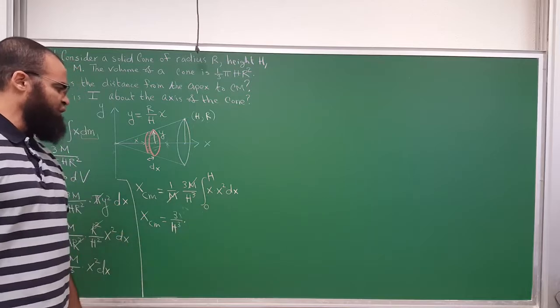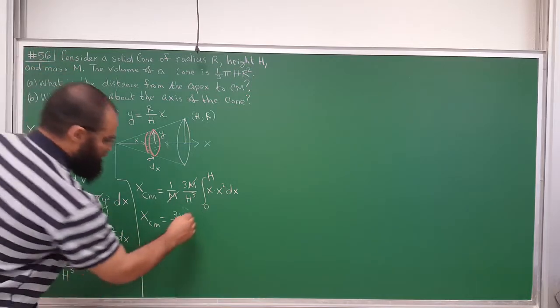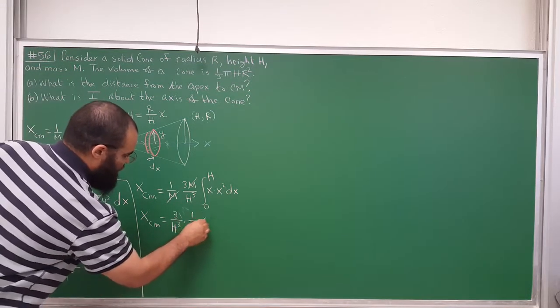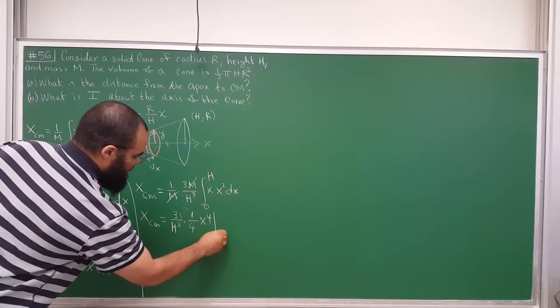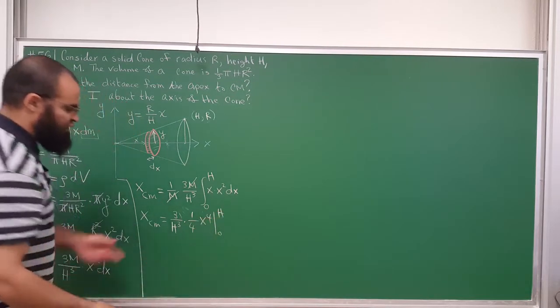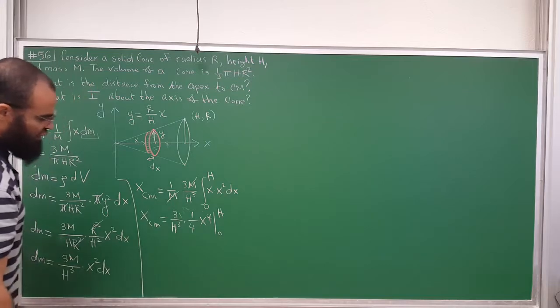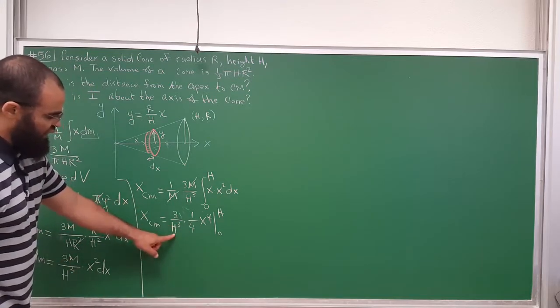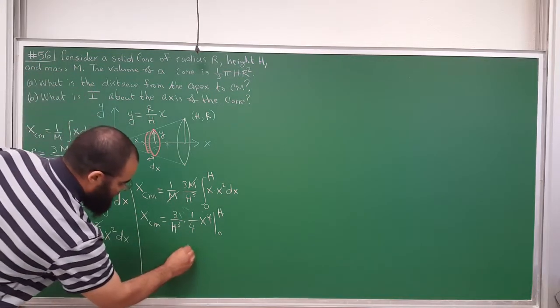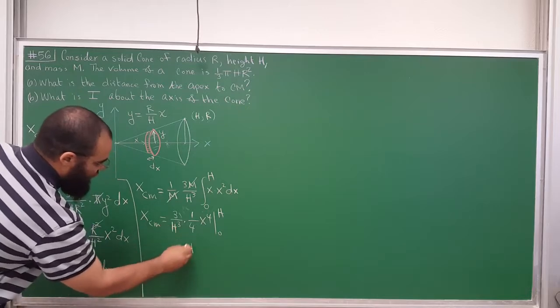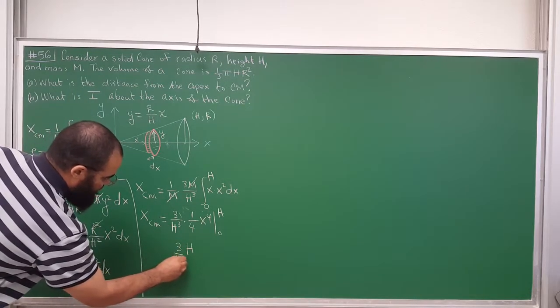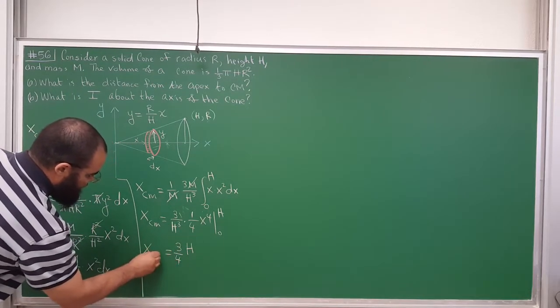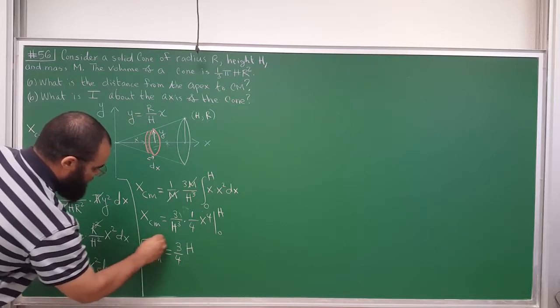The integral of x cubed is x to the 4th over 4. So 1/4 of x to the 4th, evaluated between 0 and h. So that's just h to the 4th power. And h to the 4th power divided by h cubed is just h. So you get h, and you have the 3/4 in front.